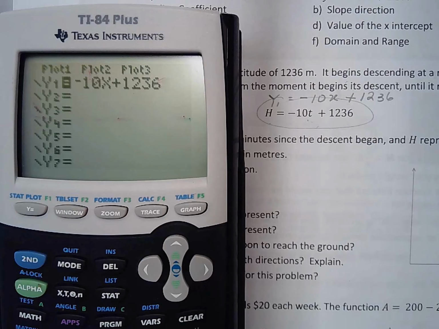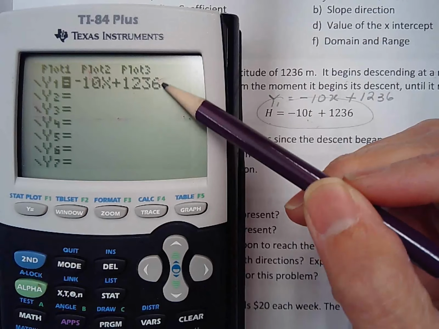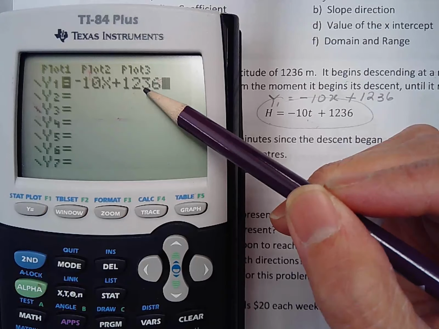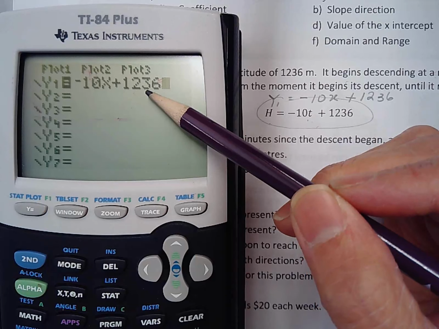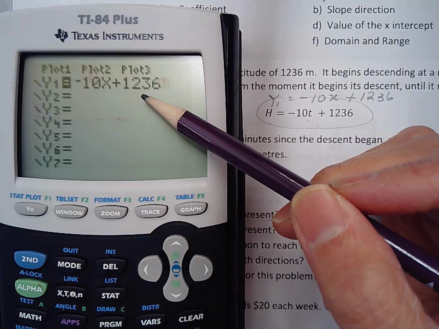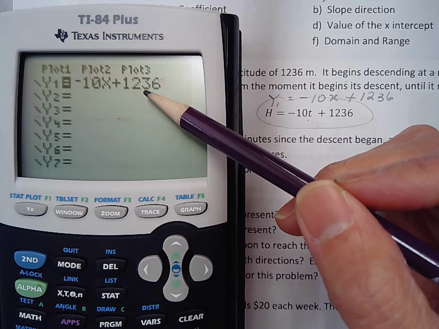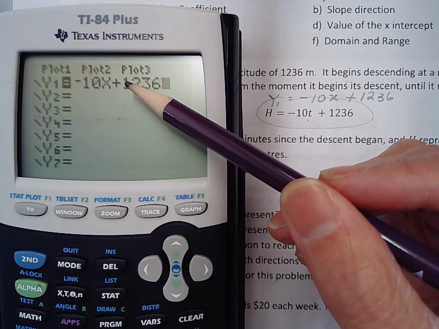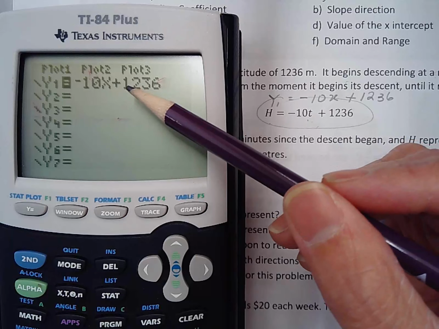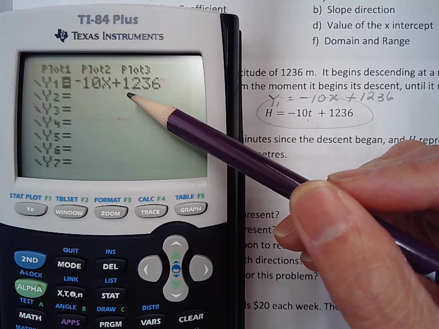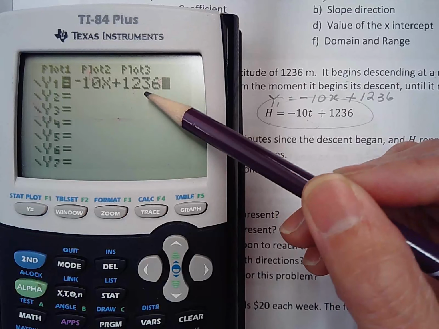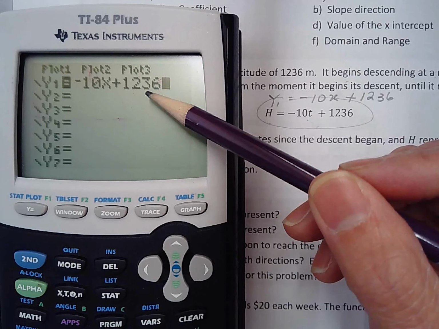Okay. What does this number mean? The y. I just had a question about the coefficient. If it was backwards, the coefficient would still be negative 10x, yeah. The coefficient is always a number with a variable. Correct. So this number here, 1,236, that's the y-intercept.